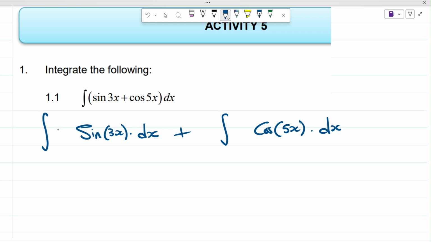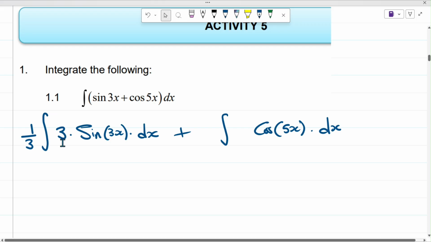So you'll come here and write your 3. But because you didn't have this 3, writing it means you are changing the equation. We don't want to change the equation, but we want to make use of this 3. So to make use of it without changing the equation, we just multiply by 1 over 3 so that the 3 and 3 cancel each other. But we don't cancel now because we want to make use of the derivative of the argument with this trig function.